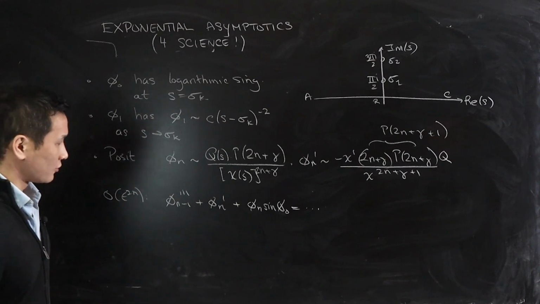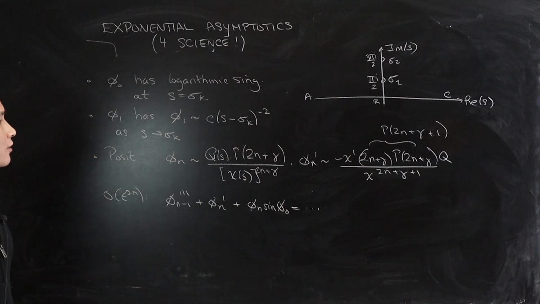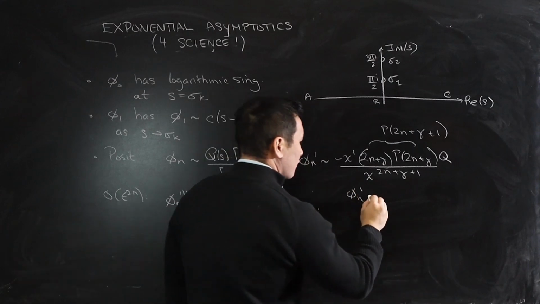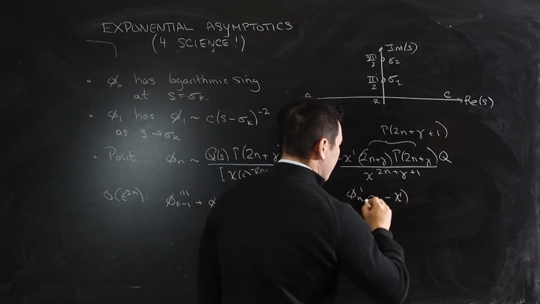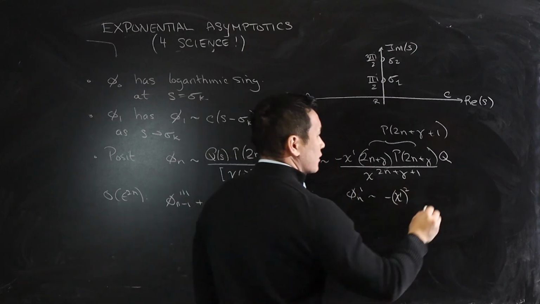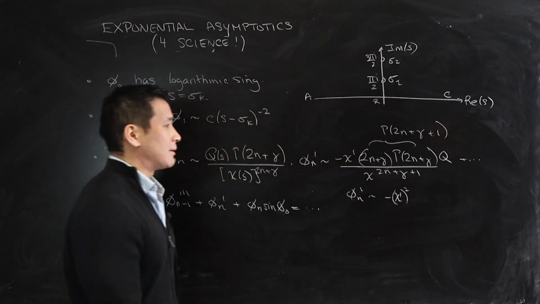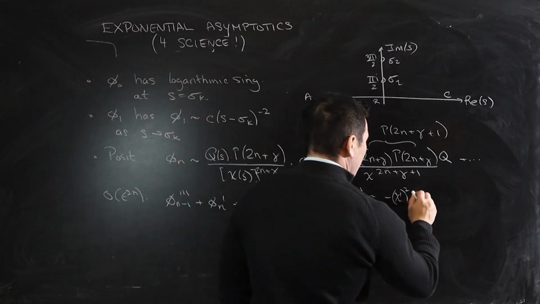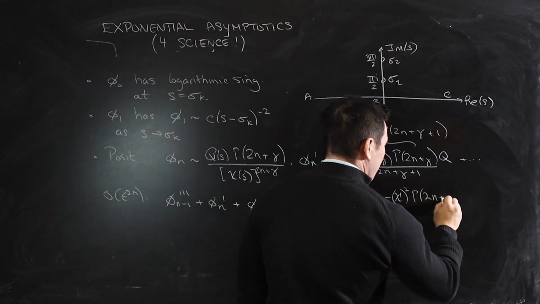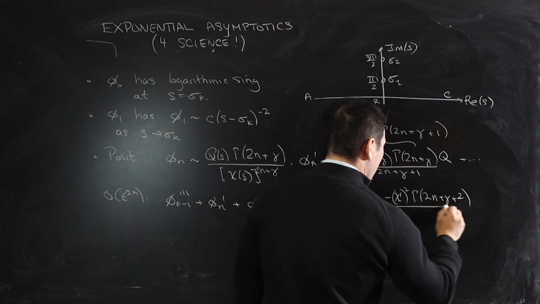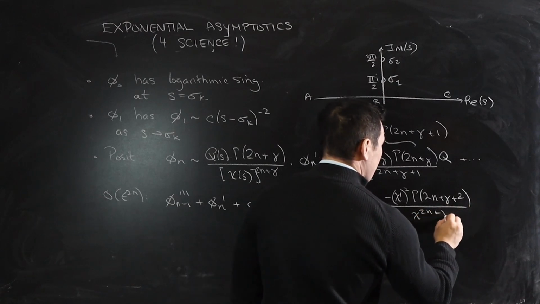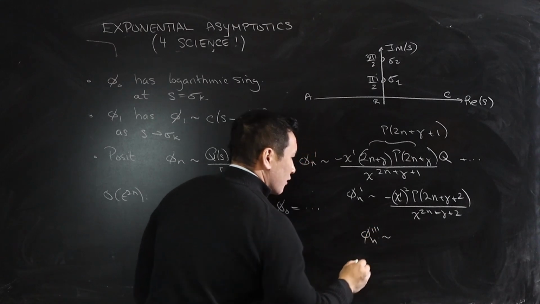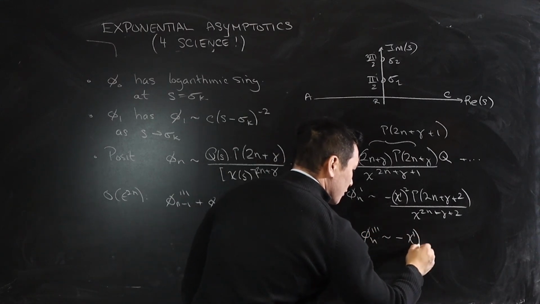And then you take the second derivative and the third derivative. And so the second derivative will be minus chi prime squared. This will be a plus dot dot dot. We're just going to keep the leading term here and ignore all the other ones. This will be a gamma function of 2n plus gamma plus 2 over chi to the 2n plus gamma plus 2. And then if I take a third derivative, I have a minus chi prime cubed.